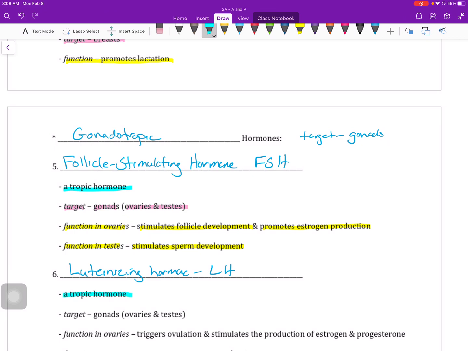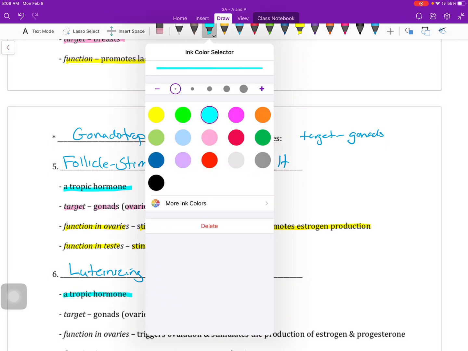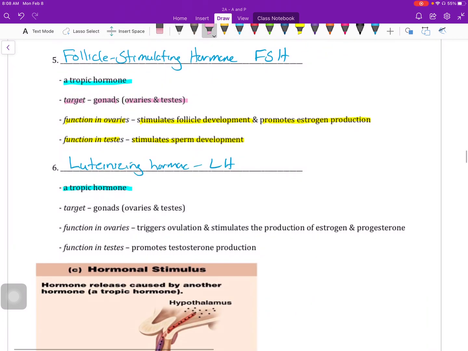There's that boss-employee relationship. Its target also is the gonads, ovaries and testes. Function. In ovaries, it triggers ovulation, stimulates both the production of estrogen and progesterone. In males, in the testes, it promotes testosterone production.